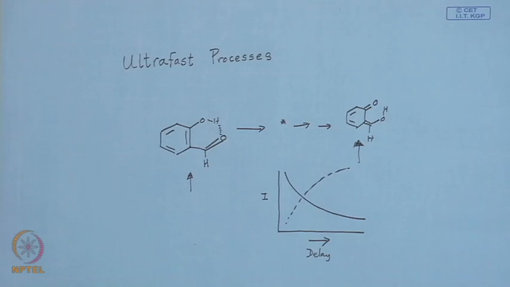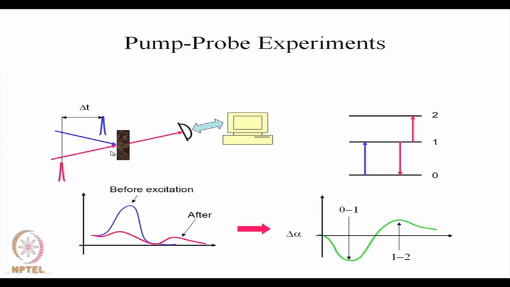Pump probe, as I told you, is another way of looking into nonlinear processes. Basically you pump over here, and then maybe you can probe from here to here, there is an absorption process, or maybe it is an emission process. So, there are various complications there, which we are not going to discuss in detail.